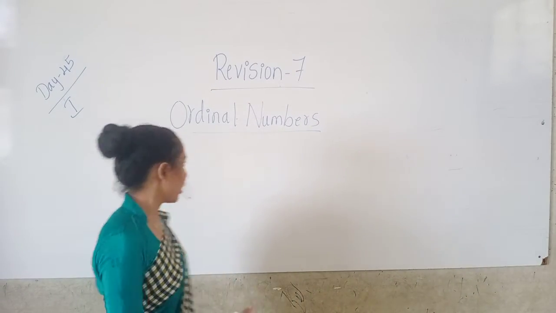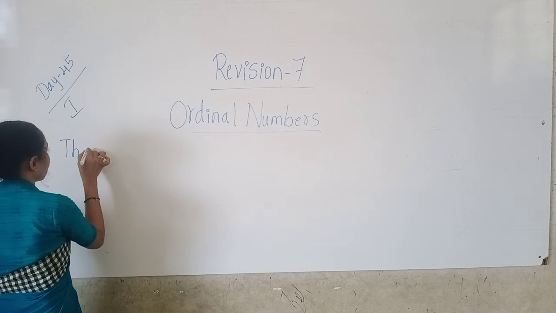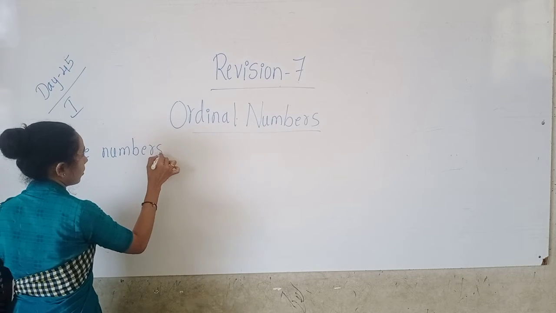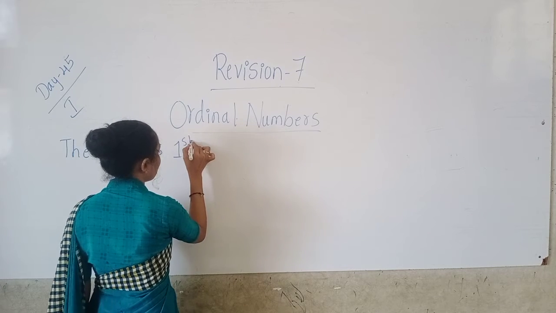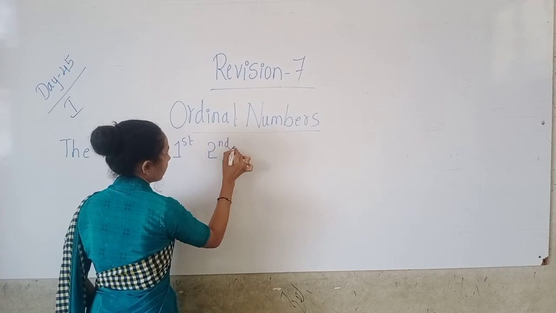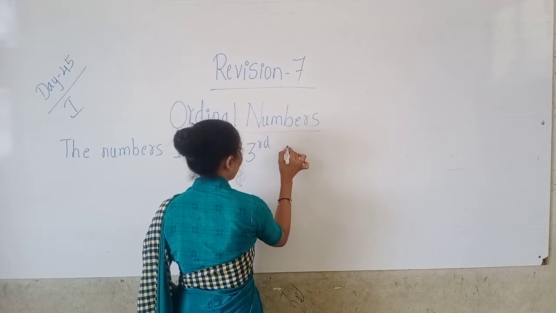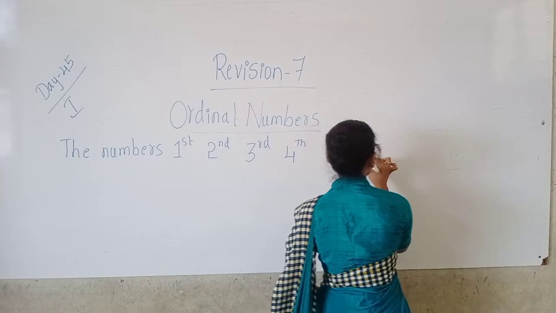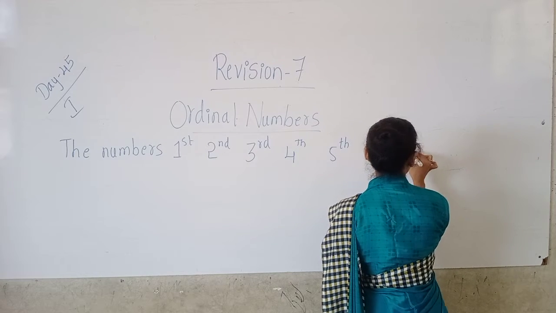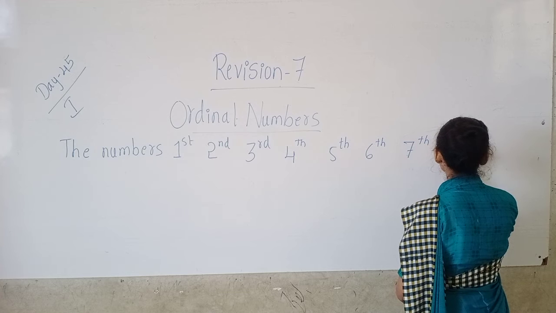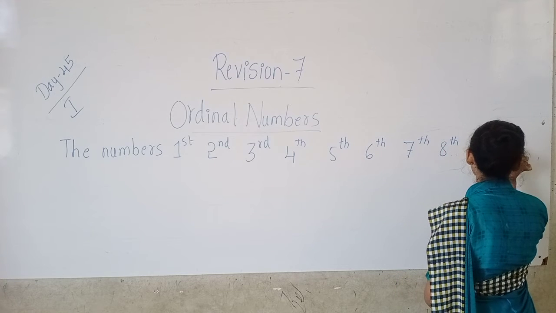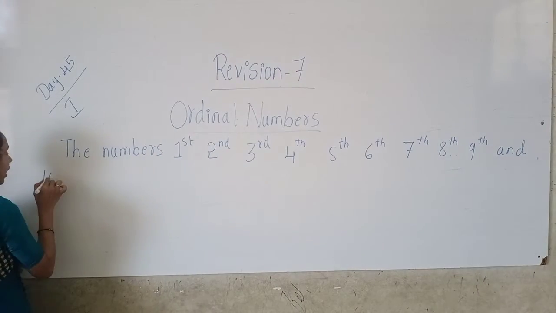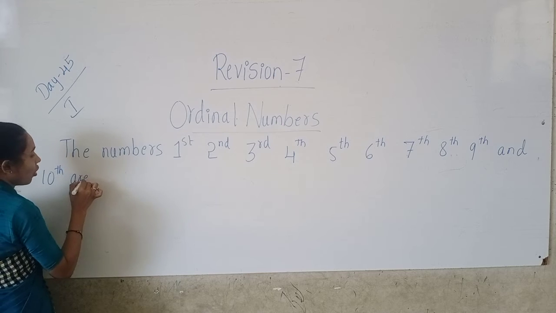Okay children, the numbers first, second, third, fourth, fifth, sixth, seventh, eighth, ninth and 10th and so on are called ordinal numbers.